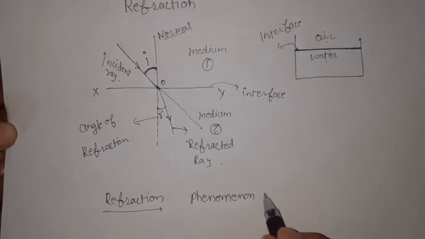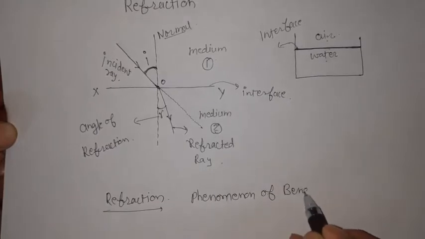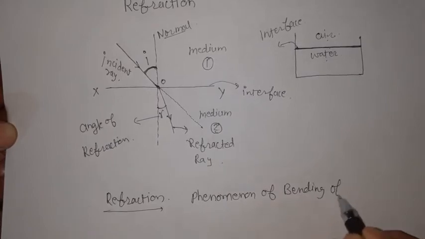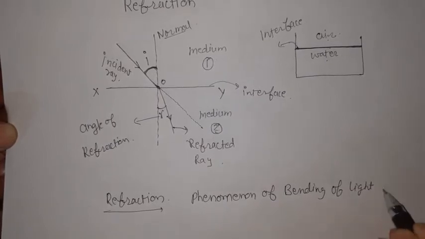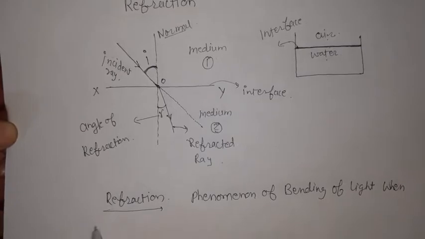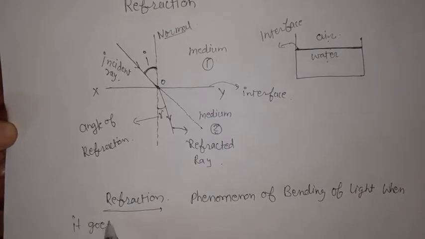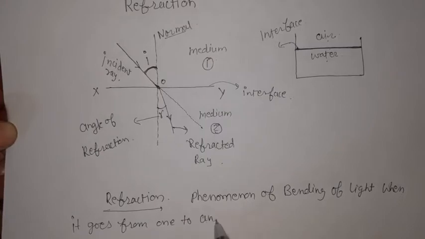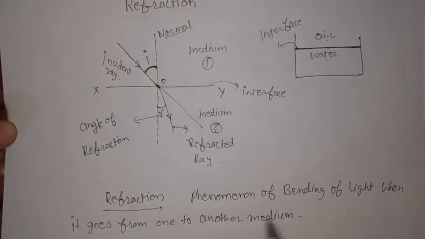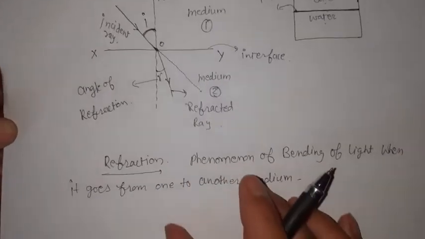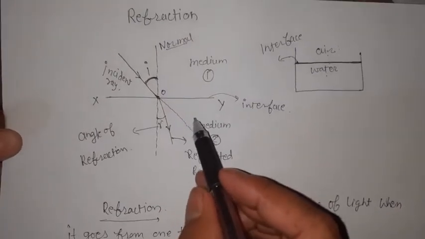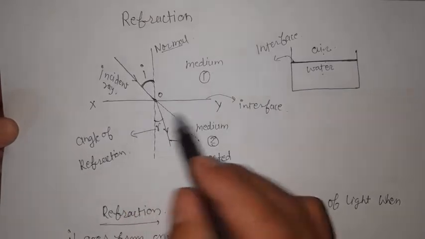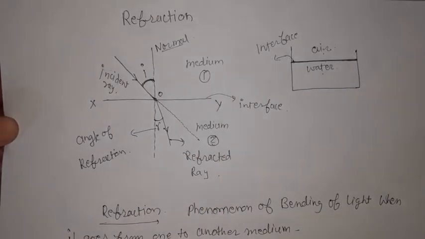The phenomenon of bending of light when it goes from one medium to another. So this is said to be refraction. Whenever you have to draw a refraction diagram, at that time you need to show this diagram in that.